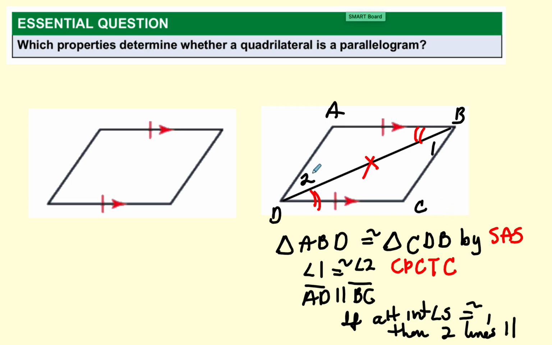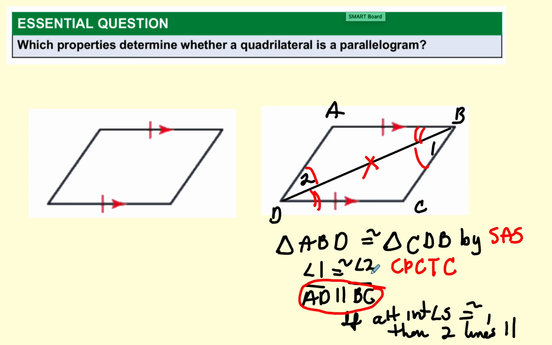Now once angle 1 and angle 2 are congruent, that's going to tell me AD is parallel to BC, because if alternate angles are congruent, then the two lines are parallel. Since I have AB parallel to DC, and I also have the other pair of sides parallel, this is a parallelogram.